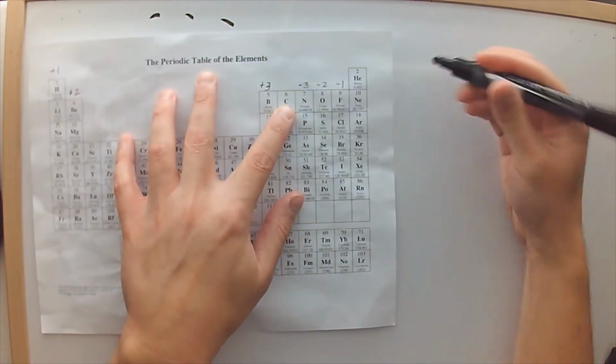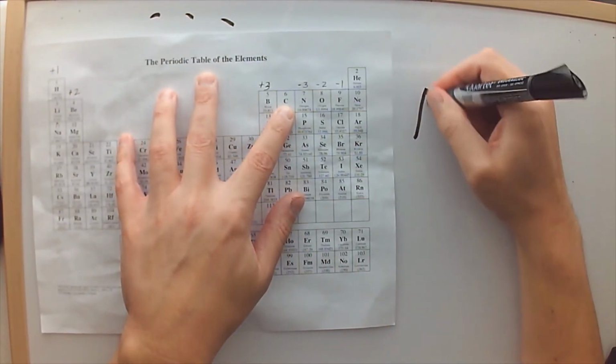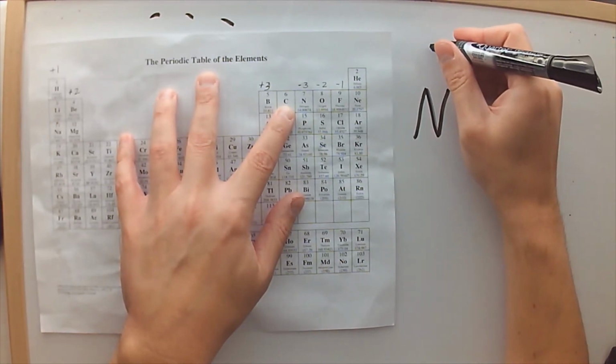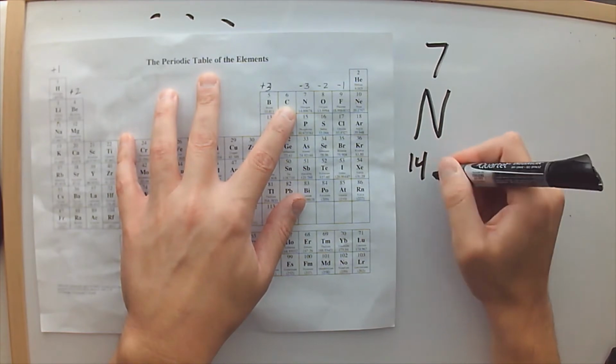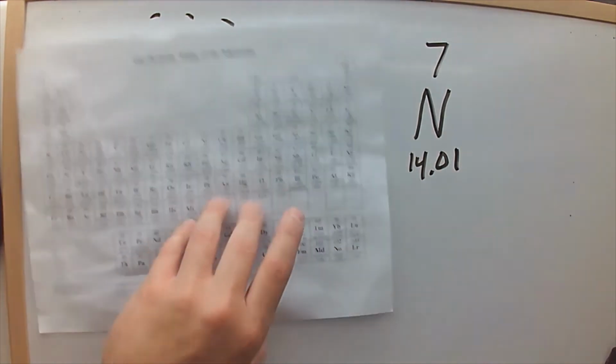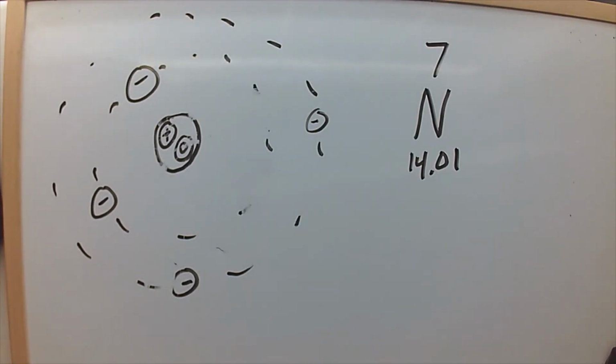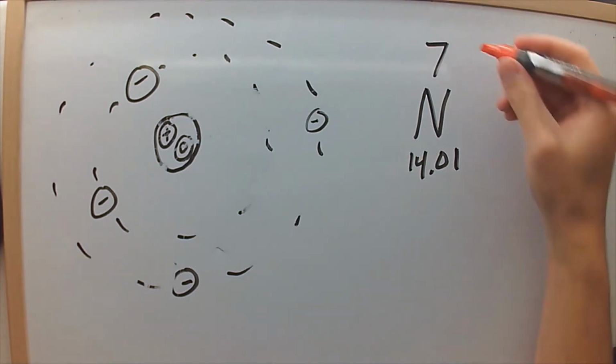So again, if we just pick an element, we'll pick nitrogen, right? Now all periodic tables are formatted a little differently, but on this periodic table, it looks like this. All right? So we have two different numbers here.